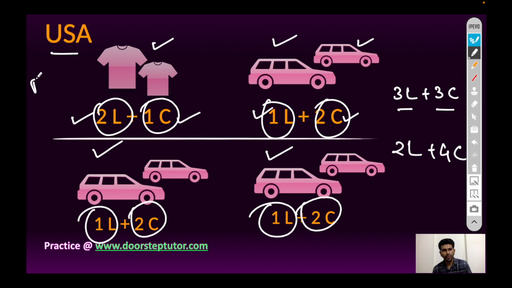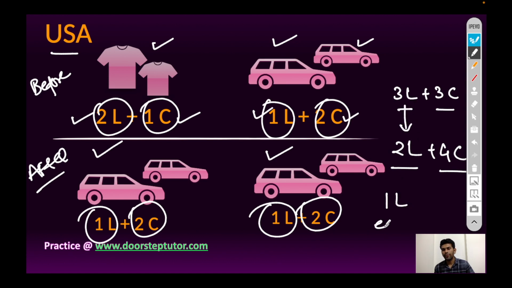Previously, there was a requirement of three labor and three capital, but now it requires two labor and four capital, so there is one labor extra and one capital in shortage.